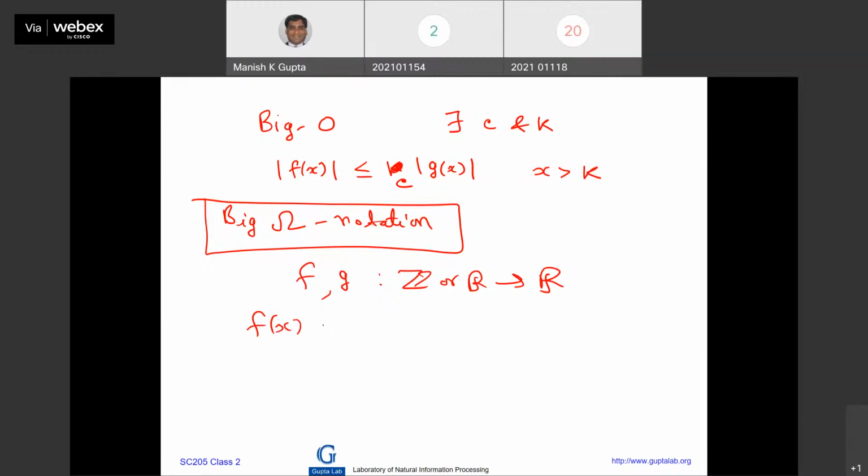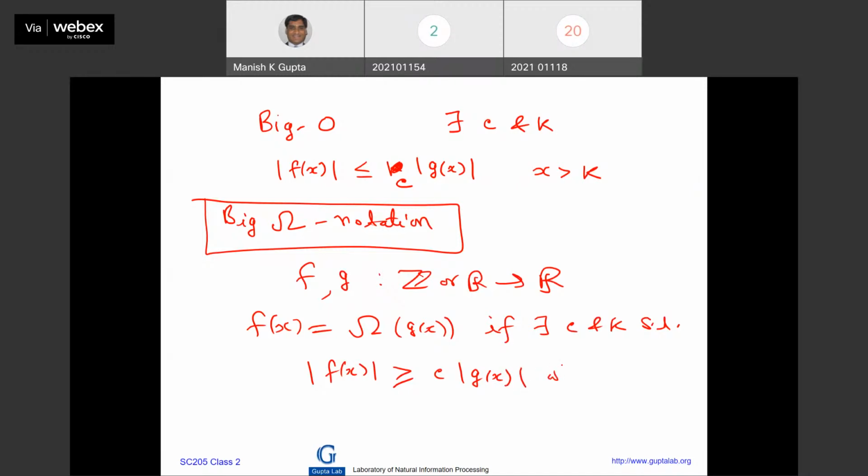We say that f of x is big omega of g of x if there exist constants C and k such that the absolute value of f of x is at least C times the absolute value of g of x whenever x is greater than k. You can clearly see that in the above definition, mod of f of x is less than or equal to constant times mod of g of x. Here it is lower bounded by a constant times, right? That is the definition of big omega.